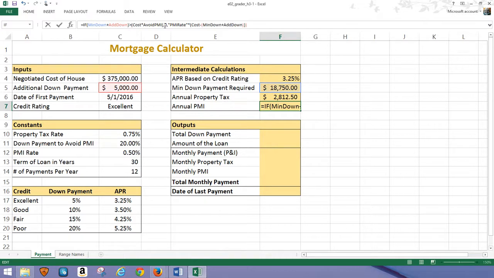So I do that comparison, 0, else the PMI rate times, PMI rate should not have those around it. Times the cost, minimum down, maximum down, additional down.